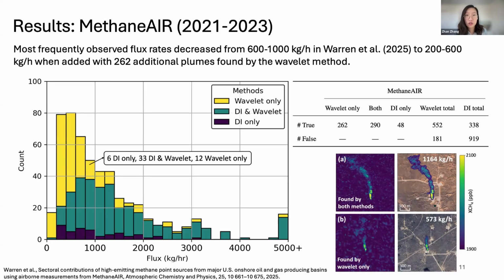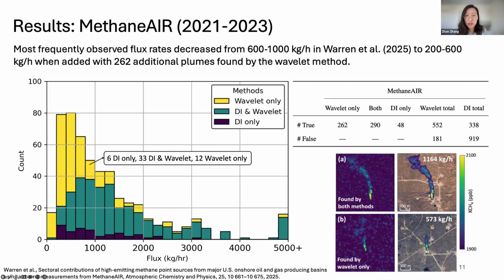Because of these additional detections, the peak of the distribution, or in other words, the most frequently observed flux rates, shifted from 600 to 1000 kilograms per hour to around 200 to 600 kilograms per hour. So this indicates that the wavelet method has a higher sensitivity to so-called weak plumes, thus achieves a lower detection limit in MethaneAIR data.